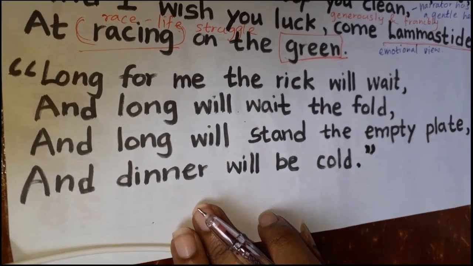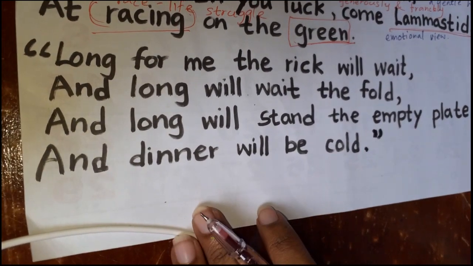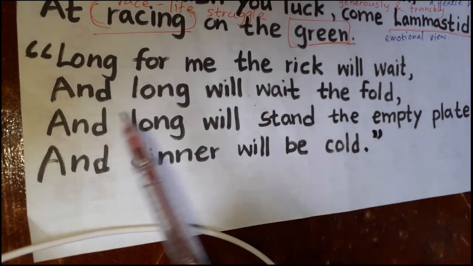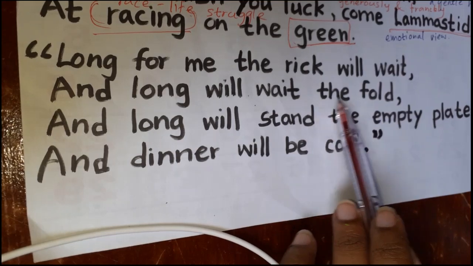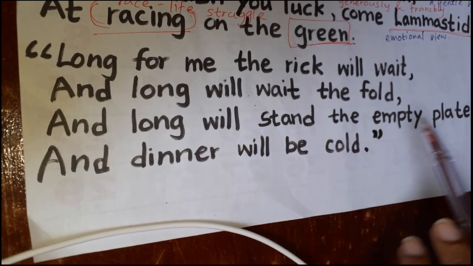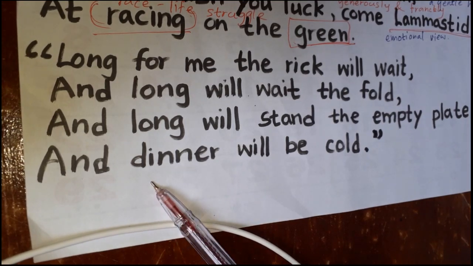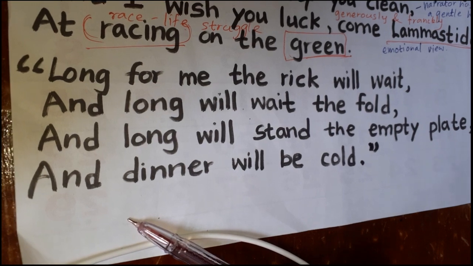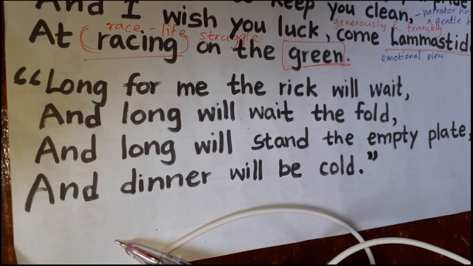Well, let me go to the final stanza here. "Long for me to reek and wait, and long will wait the fault, and long will stand the empty plate, and dinner will be cold." So you can see here, this is really emotional again.